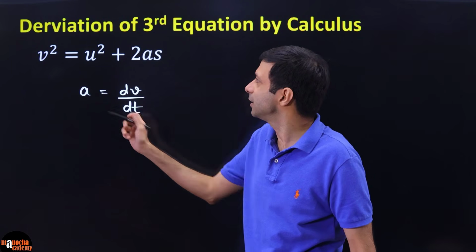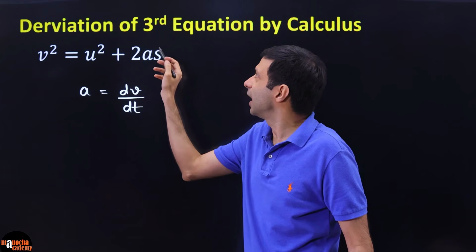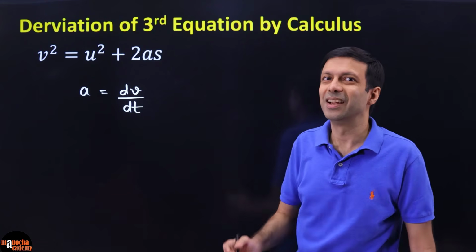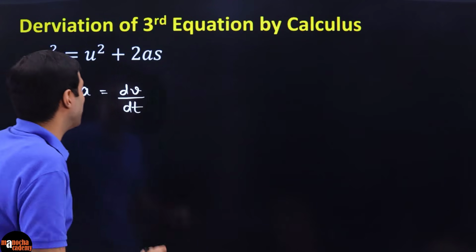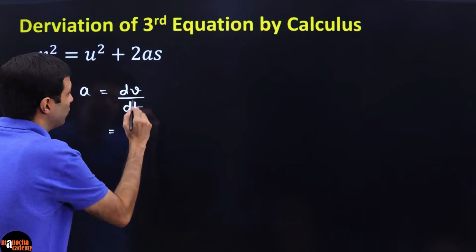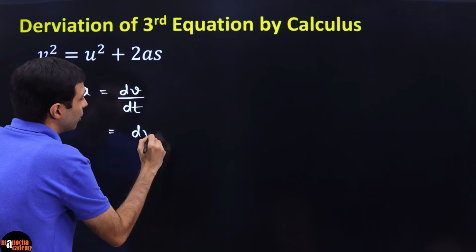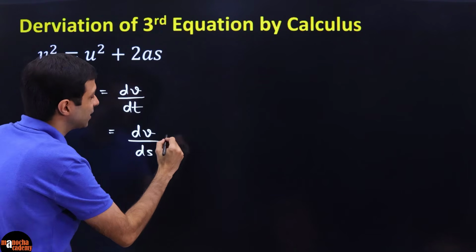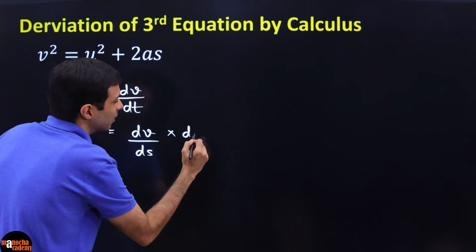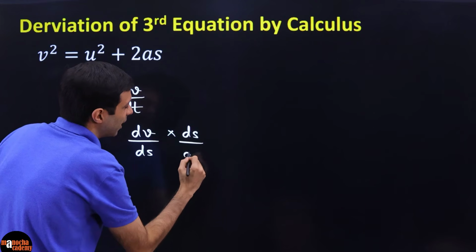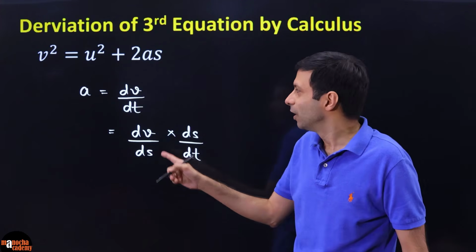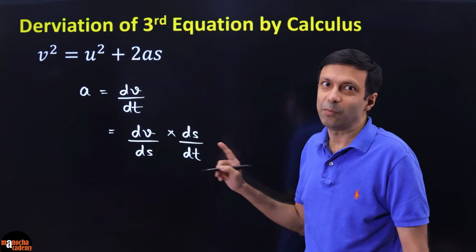And what we really need is a, v, they are fine, and we need displacement s. So what can we do here? Let's take a look. To get rid of time, you do dv by ds, and since we are dividing by ds, I'll again multiply by ds so that it cancels, and I'll shift the dt here. So write down, this is the magic step to get rid of the time variable.